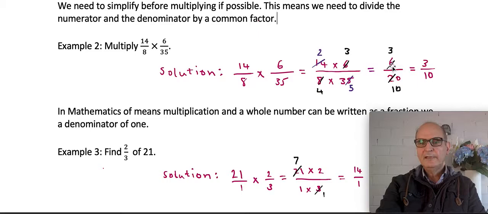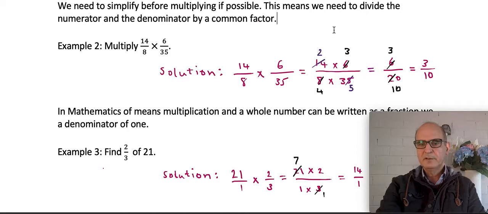We look again to see if we can still simplify, and we realize that both 6 and 20 can be divided by 2. 6 divided by 2 is 3. 20 divided by 2 is 10. So the answer is 3/10.